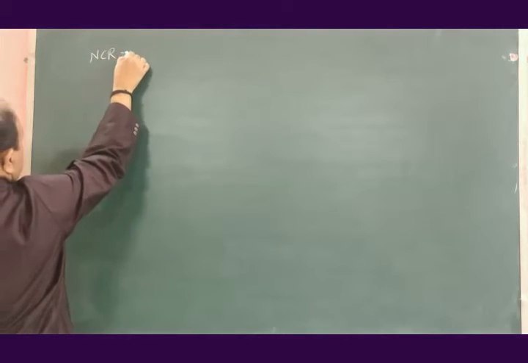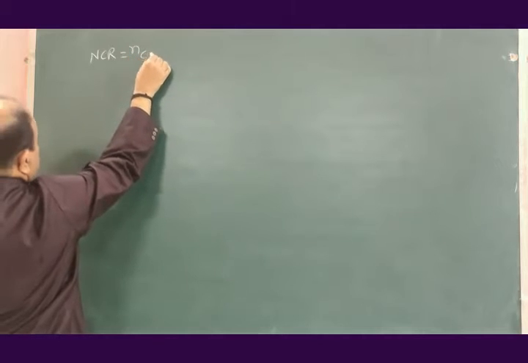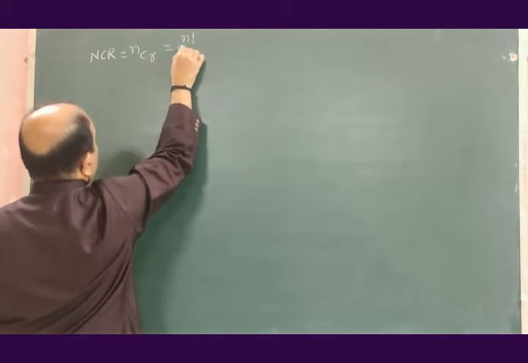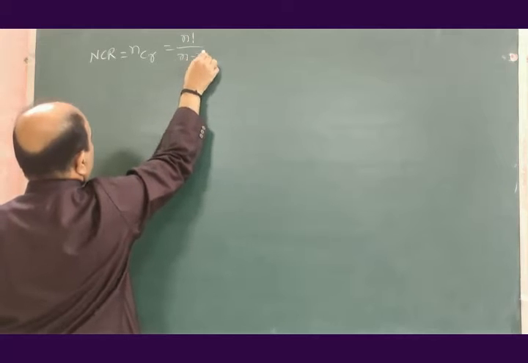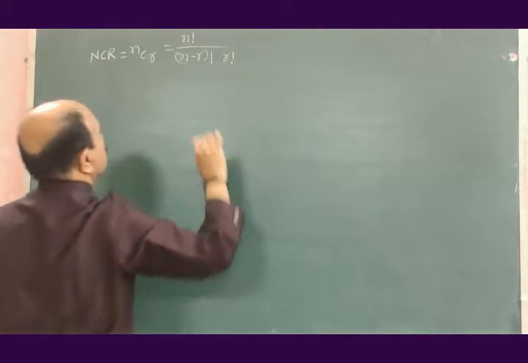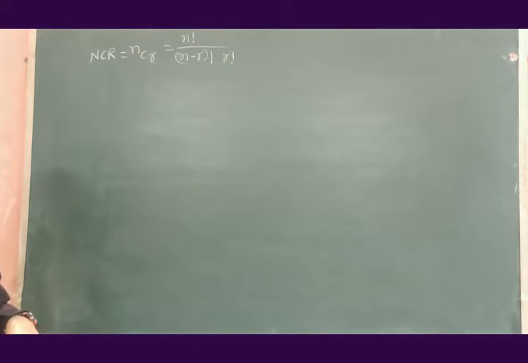What is this NCR? And what is the formula for it? Now let me write the function subprogram as well as the main program for evaluation of this.